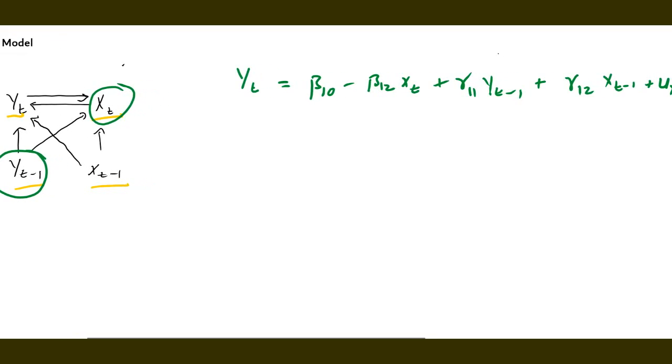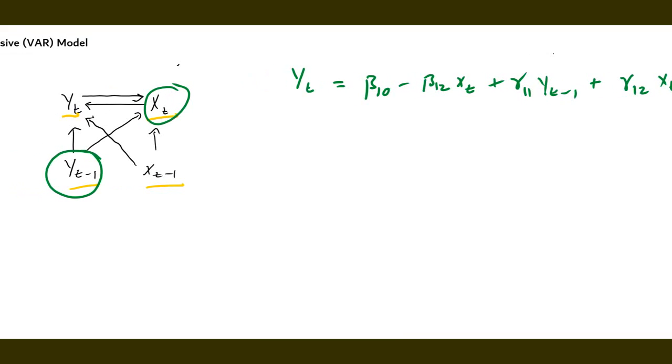In a similar fashion, we also write this equation for xt, which depends on yt minus 1 and xt minus 1.